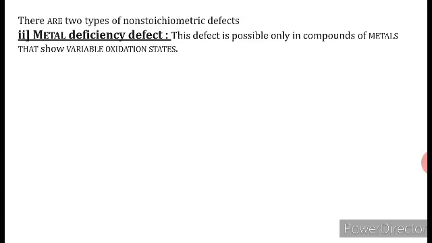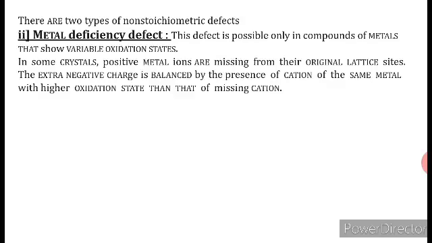So whenever a particular cation is missing from its place, then somewhere in the crystal a higher oxidation state ion of the same metal is present, which maintains the electrical neutrality of the crystal. Okay, so in some particular transition metal crystals, in this way the defect is generated. The extra negative charge will be balanced by the presence of a cation of the same metal with higher oxidation state than that of the missing cation.